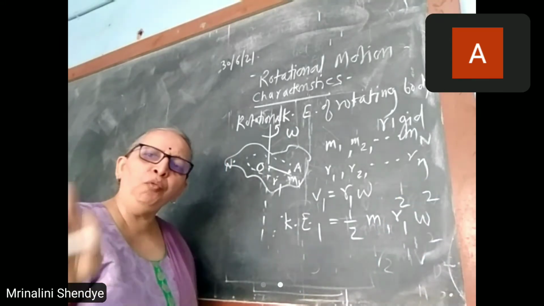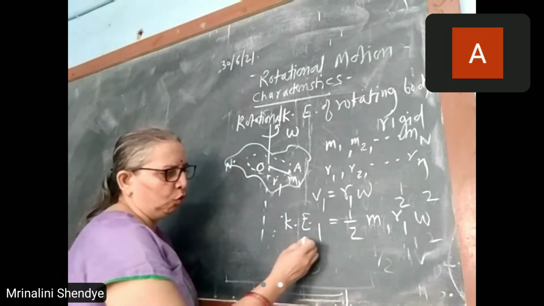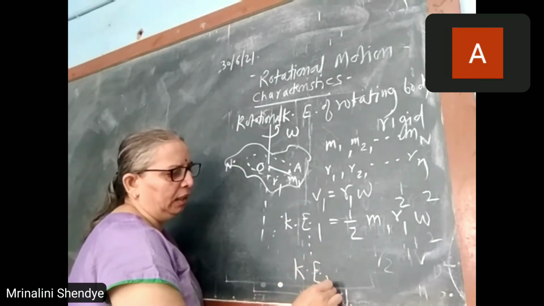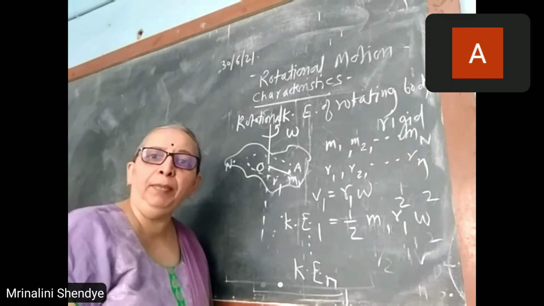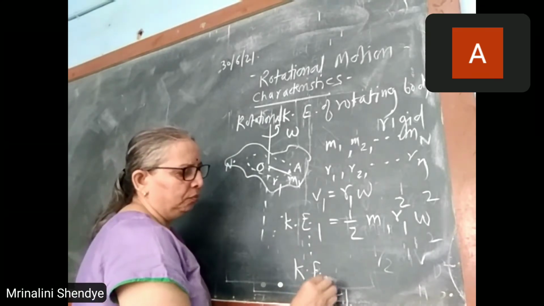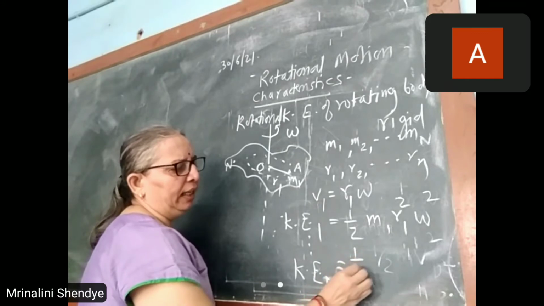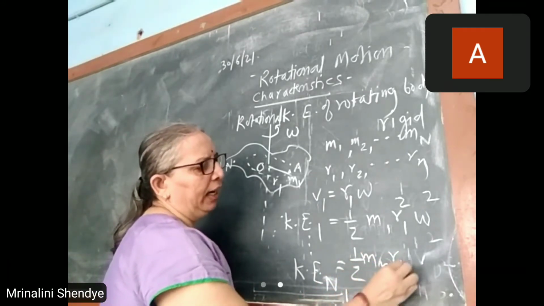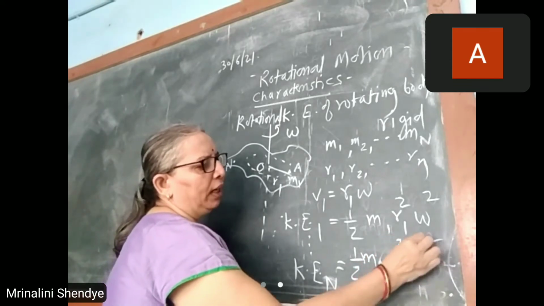This will be true for each and every particle. So we can write for the last nth particle of mass mn, the translational kinetic energy to be half mn rn square omega square.